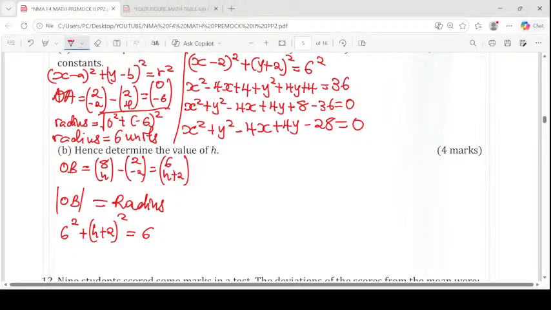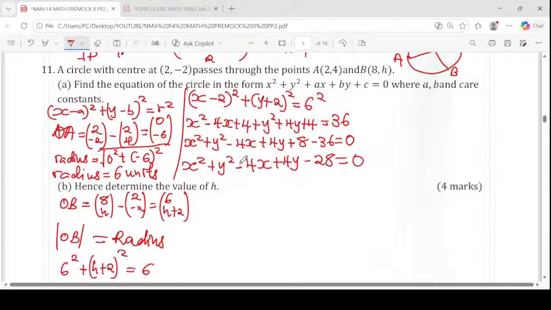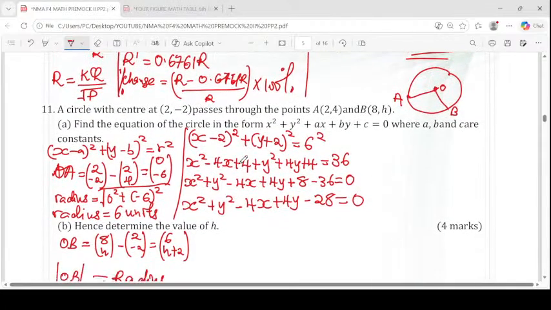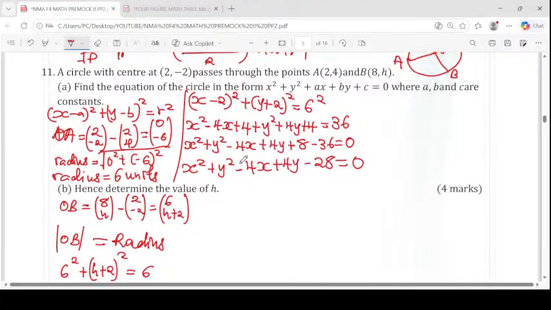In fact, I want us to get it this way, that the magnitude of OB should be equivalent to the magnitude of OA, which is 6.